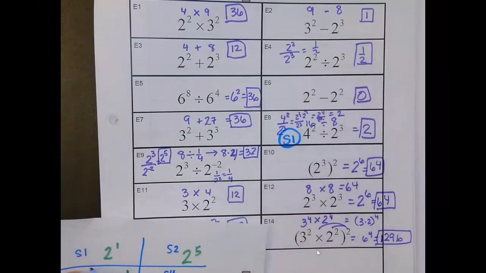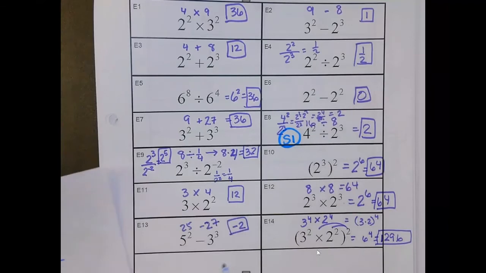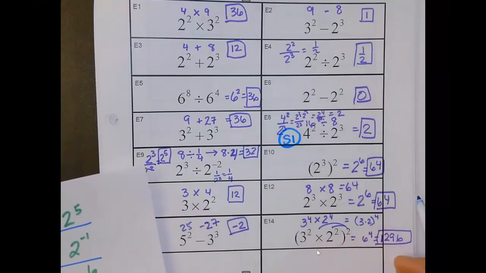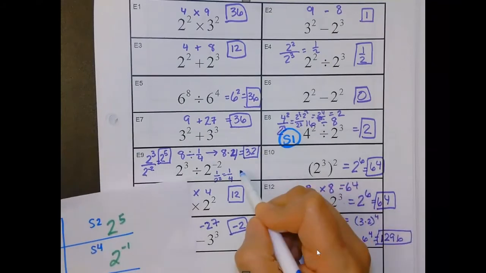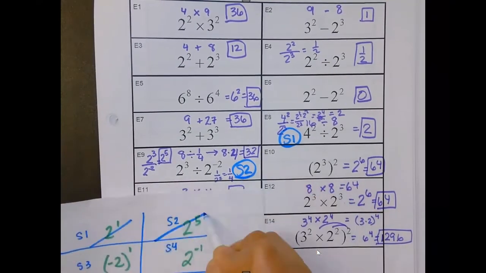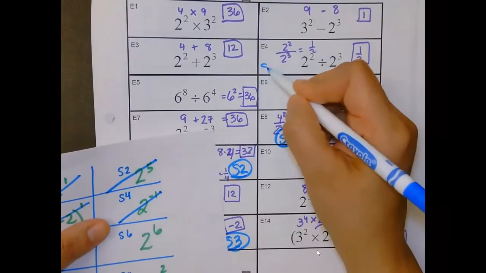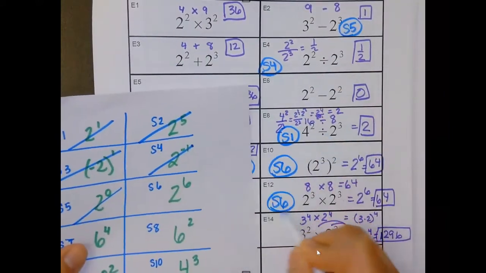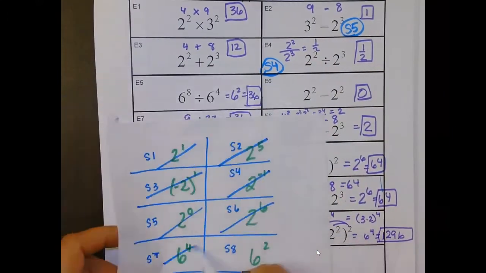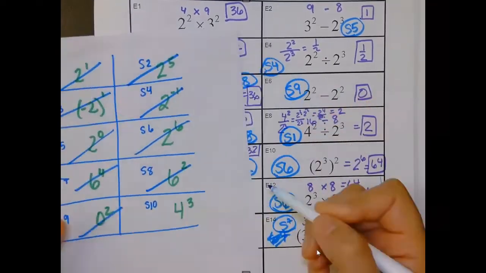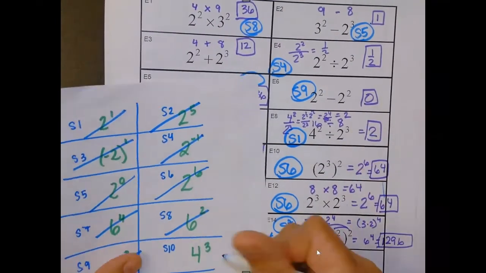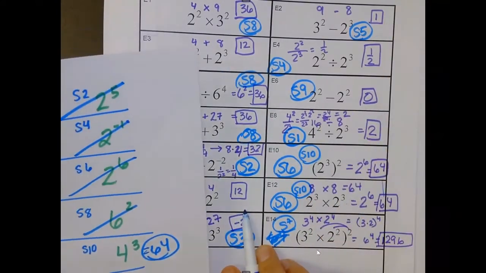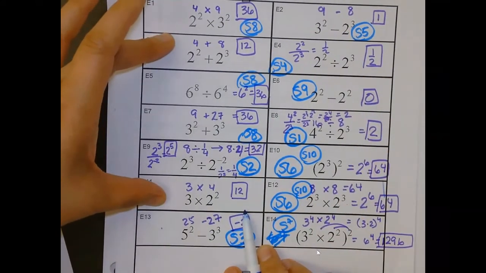So that looks good. 2 to the 5th is, did I get a 32? Just those two would end up matching at the end.